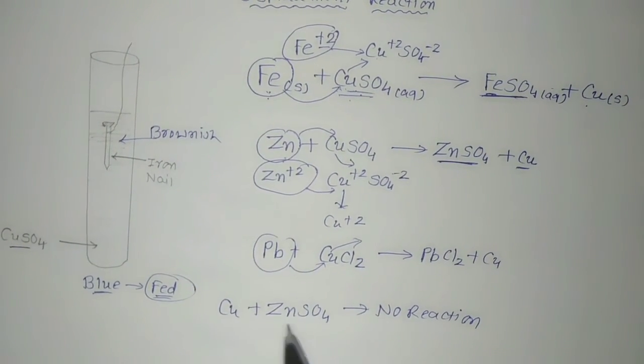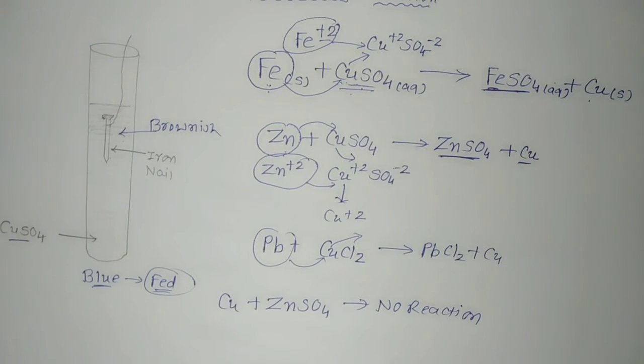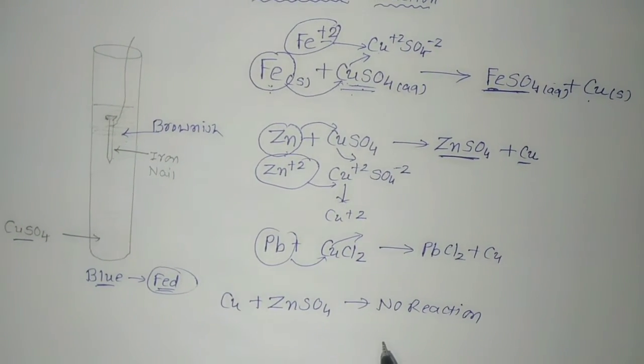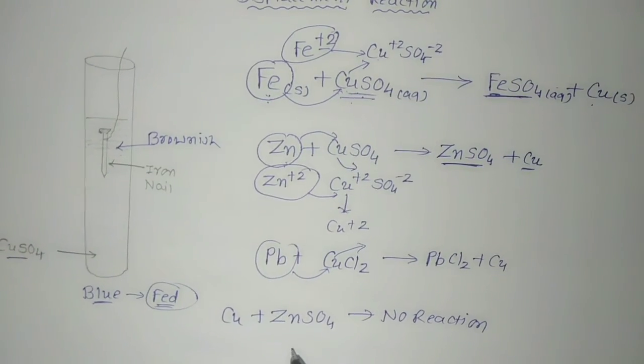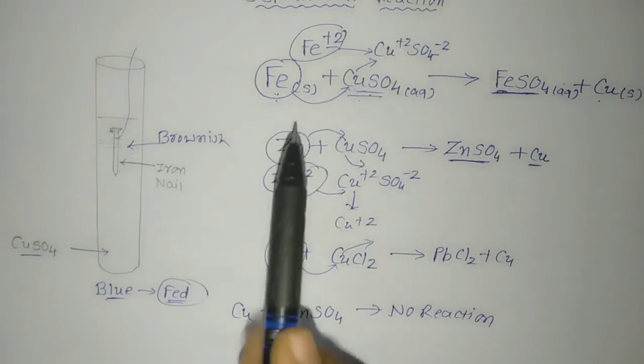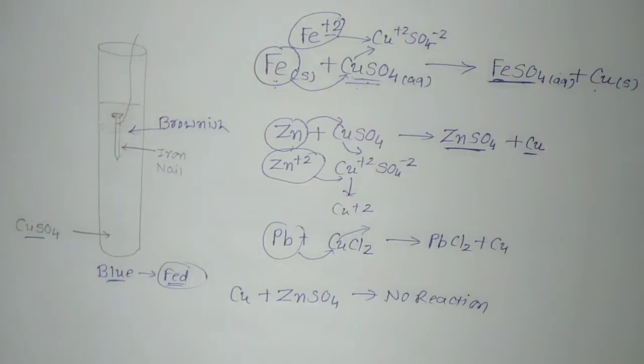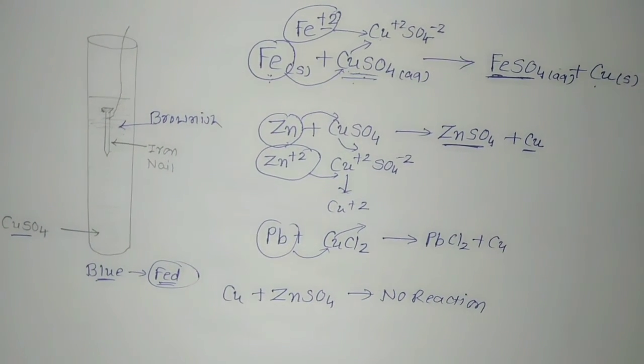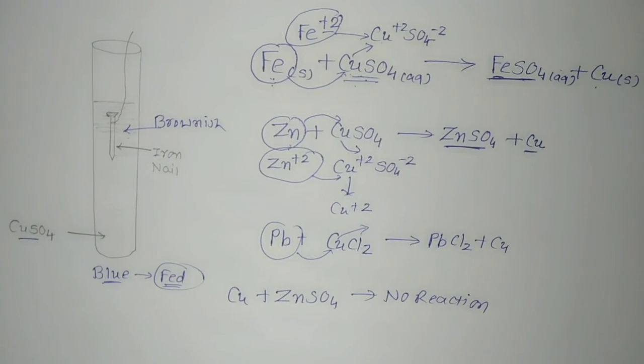So a more reactive metal can displace a less reactive metal, but less reactive metals cannot displace a more reactive metal. And on the basis of this displacement reaction only, the metal activity series has been derived.